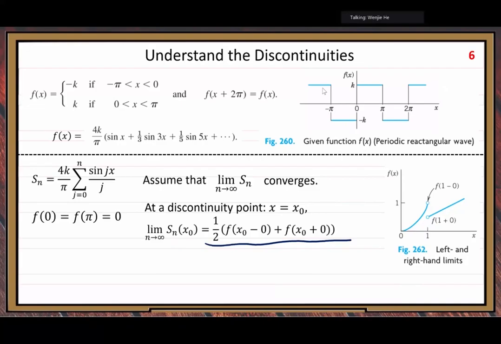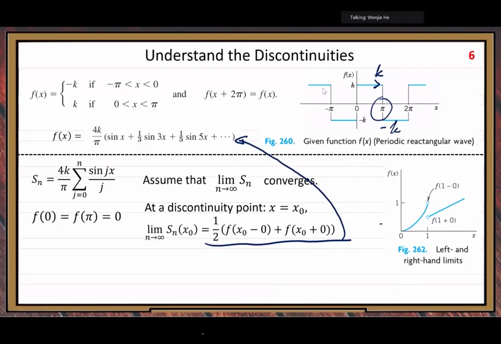For example, in this series, we want to look at the value at pi. It's a discontinuity, right? The left-hand limit is k, the right-hand limit is negative k, and the average is 0.